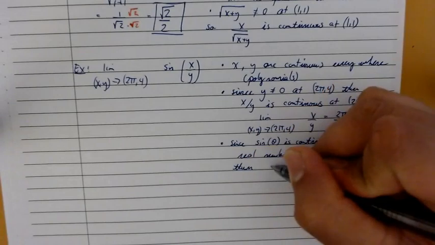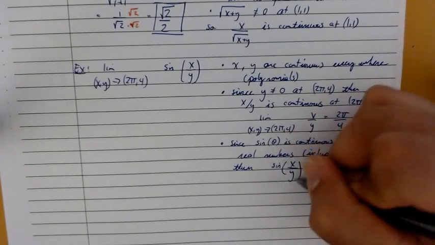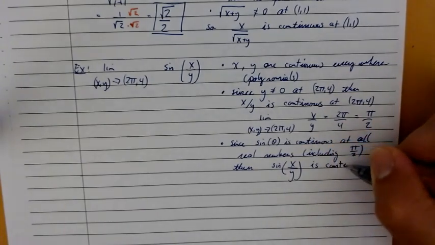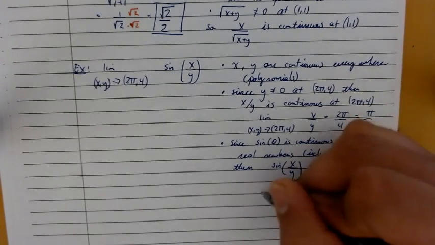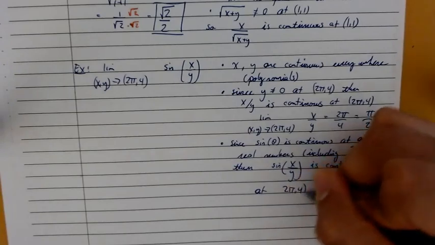Then sine of x over y is continuous at the point in question, 2 pi comma 4.